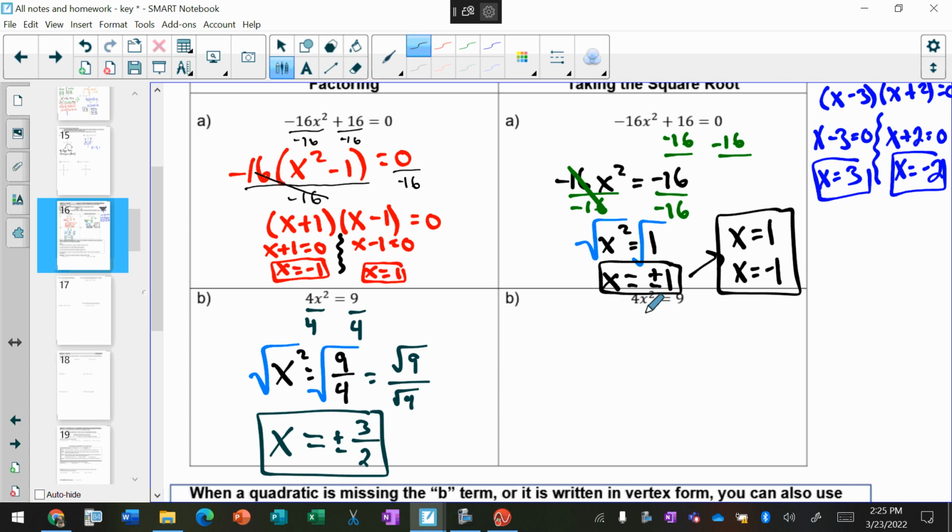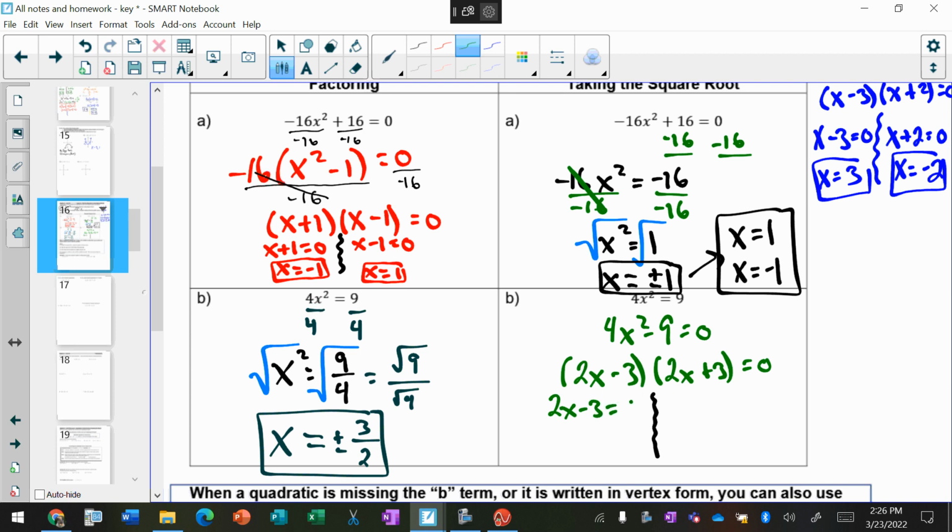If we did this yesterday's way by factoring, we would subtract 9 from both sides. We would factor this as a difference of 2 perfect squares. And then according to the squiggle McWiggle thing that we would do, we would set each one of our factors equal to 0 and solve for x. 2x minus 3 equals 0.